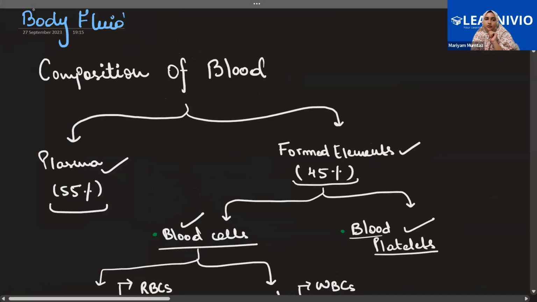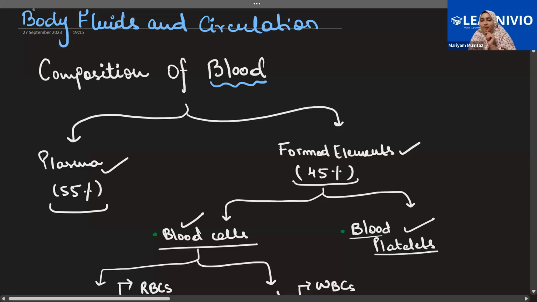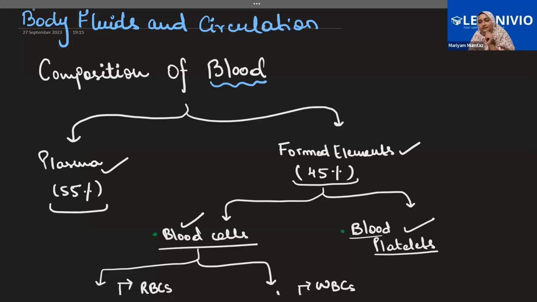So our chapter is body fluids and circulation, right? This is the name of our chapter. Now, the first thing we know is that there is blood in our body, which is almost everywhere, isn't it? Is there any place in our body which does not have blood?